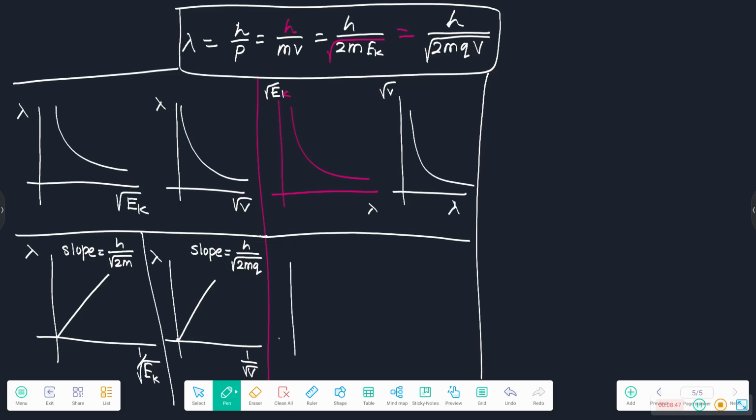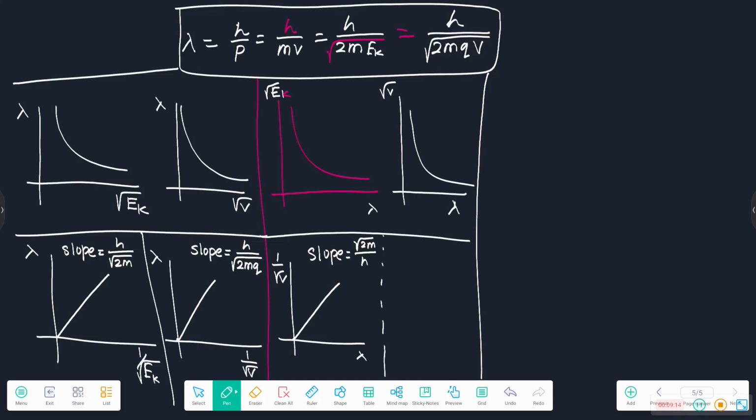But remember, if here I do 1 by root v and lambda, the same graph will come, but the change is in the slope. What will the slope be? Check carefully, everyone. The slope will change here. It is root 2m divided by h.